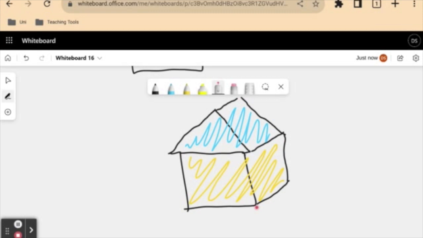So you may notice a trend here, and that is that when we have any composite shape, any shape that we can make out of pre-existing shapes, we can find its area or volume by breaking it into components, breaking it into the shapes we know. For example, here we have a rectangular prism and a triangular prism as well.